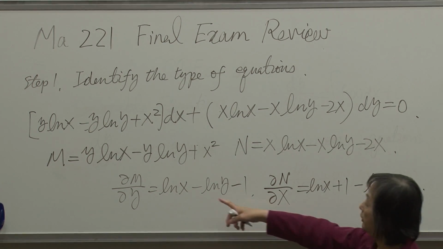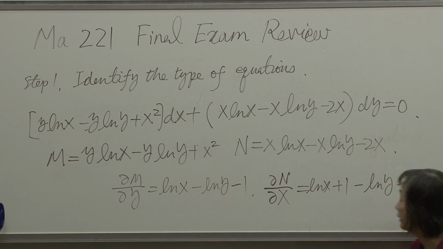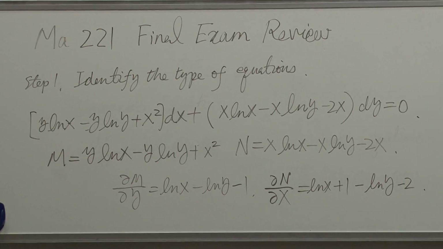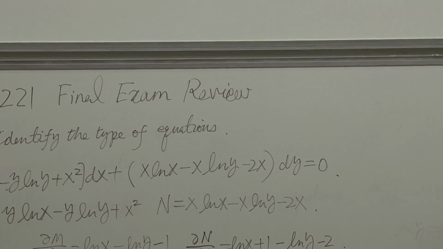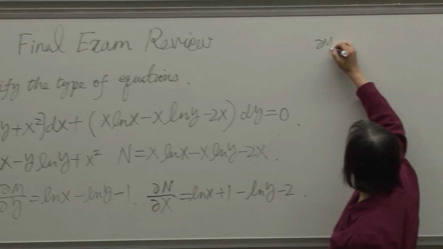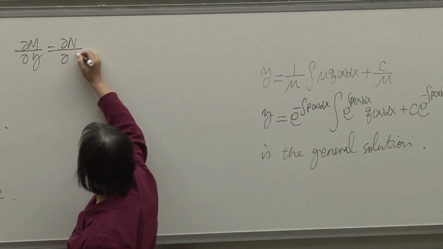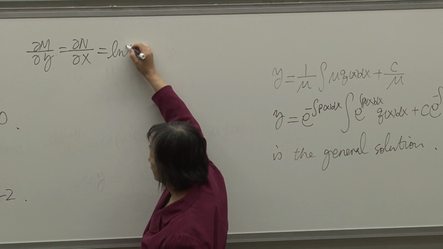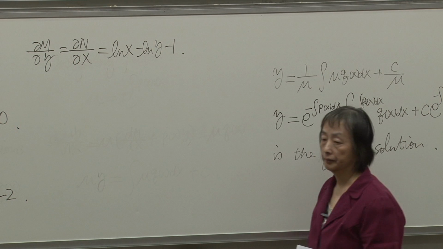If we compare the derivative of m with respect to y and the derivative of n with respect to x, we realize that they are equal. Both of them equal log x minus log y minus 1.